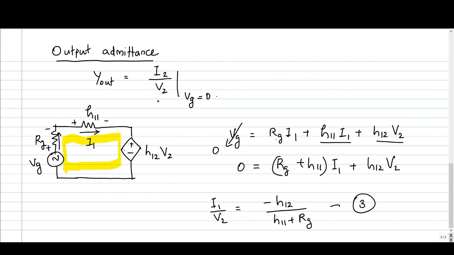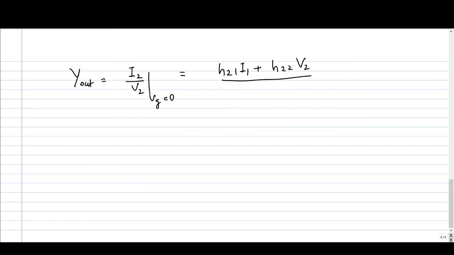Now we can calculate I2 by V2. So output admittance Y out is equal to I2 by V2 with VG equal to 0. What is I2? I2 is H21 I1 plus H22 V2. This is from our H parameter equation, divided by V2. And if you simplify this, this becomes H21 into I1 by V2 plus H22 into V2 by V2, that is 1.